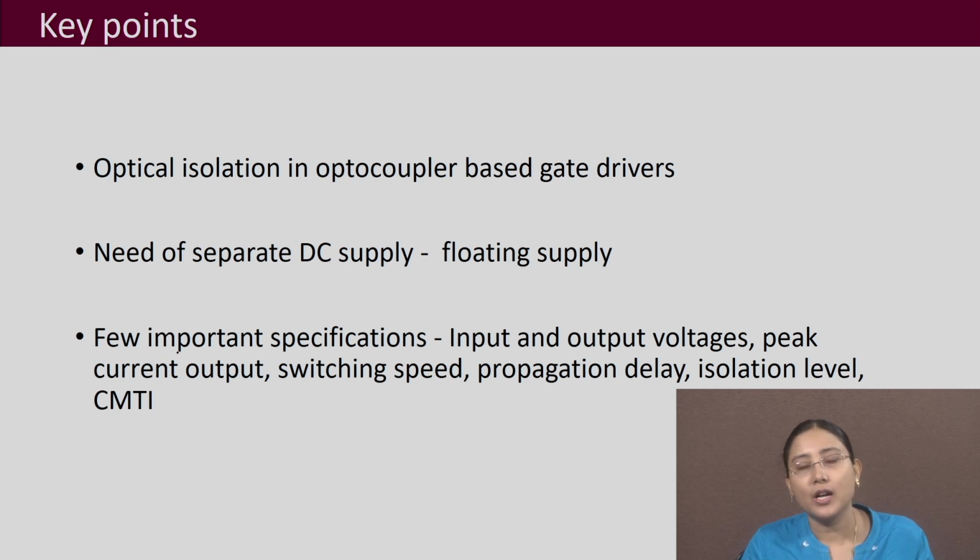So that's actually one of the disadvantages of optocoupler based ICs, because it makes it a little expensive. But overall optocoupler based gate drivers give very good performance and are very widely used.